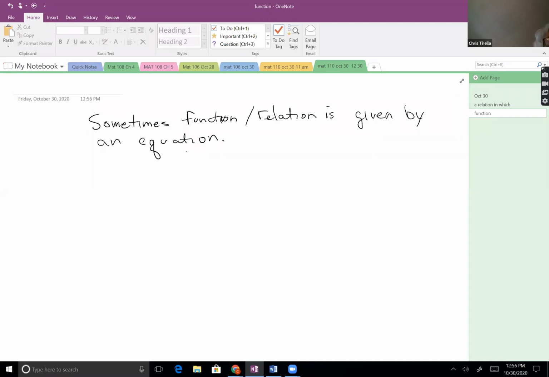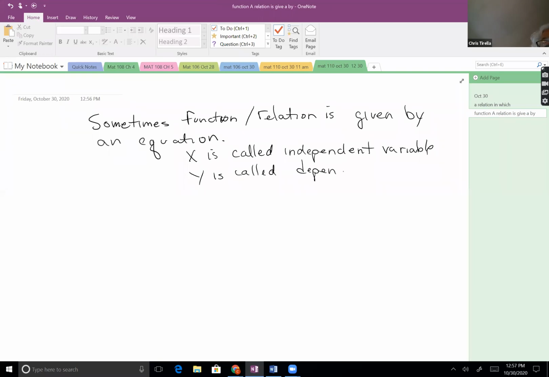If it's given by an equation, x is called the independent variable, and y is called the dependent variable. That's because usually when we look at an equation, we pick an x value, put it in, and find the y value. So x can be any number, it's independent. And what we get for y depends on what we put in for x.